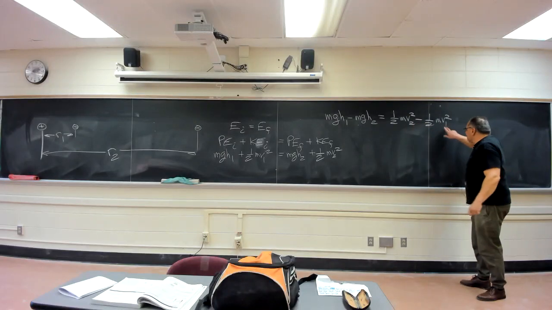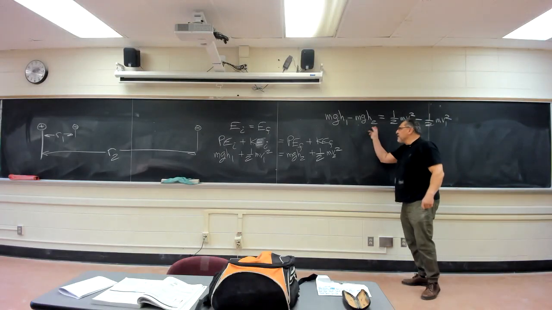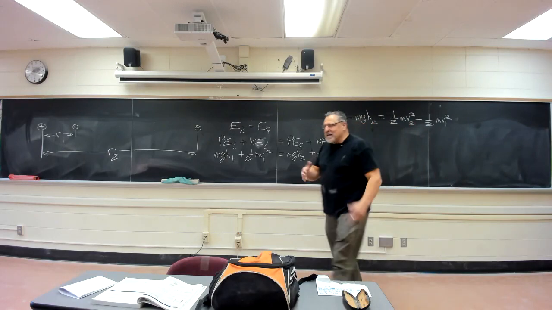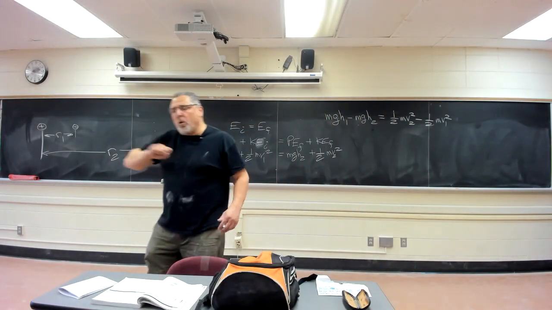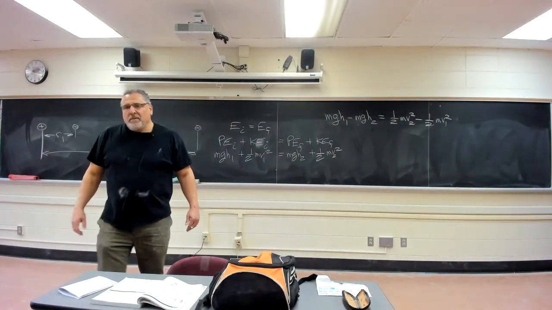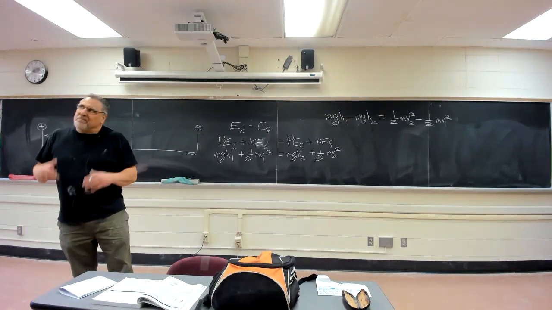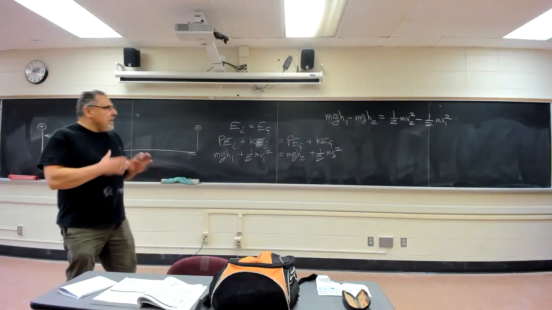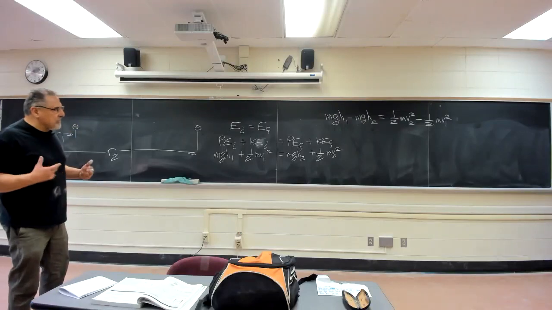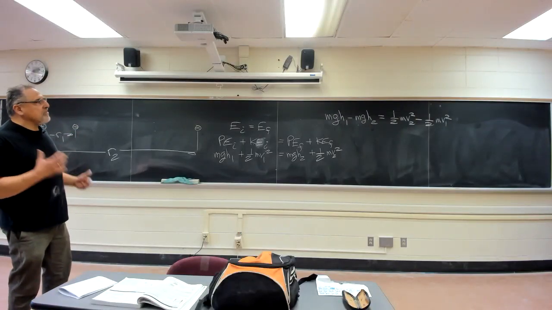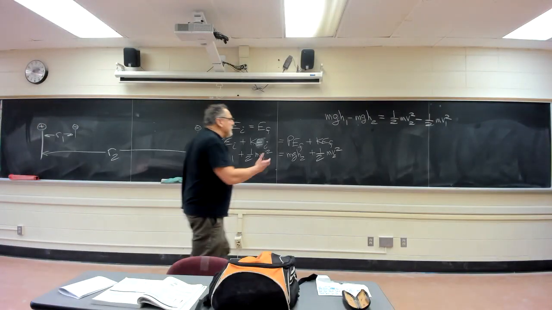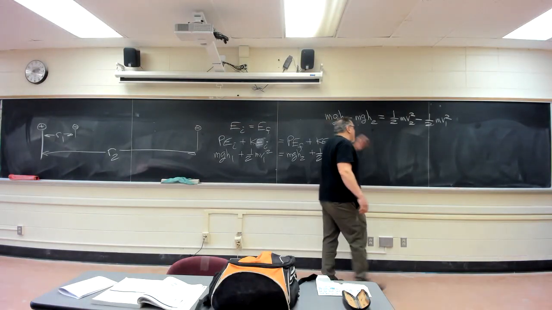Here's a 2, here's a 1, here's a 1, here's a 2. That's kind of the motivation for a lot of times where they throw a negative sign in there. There's some sort of opposition in sign here according to the bookkeeping that's going on. I don't want to go into that too much.